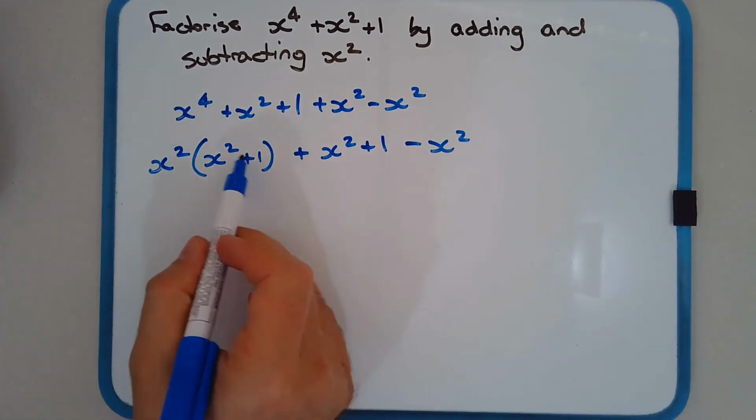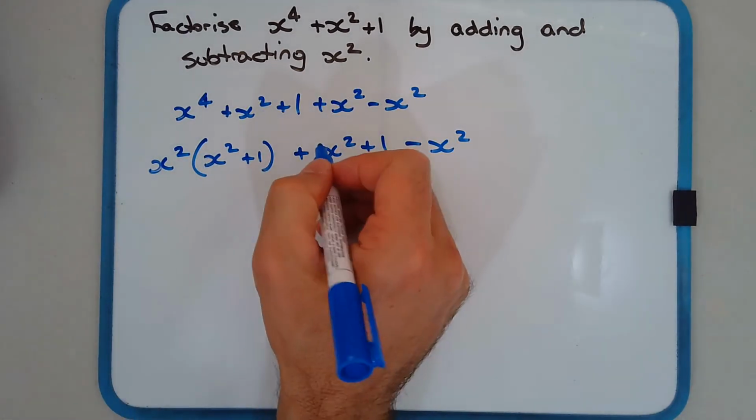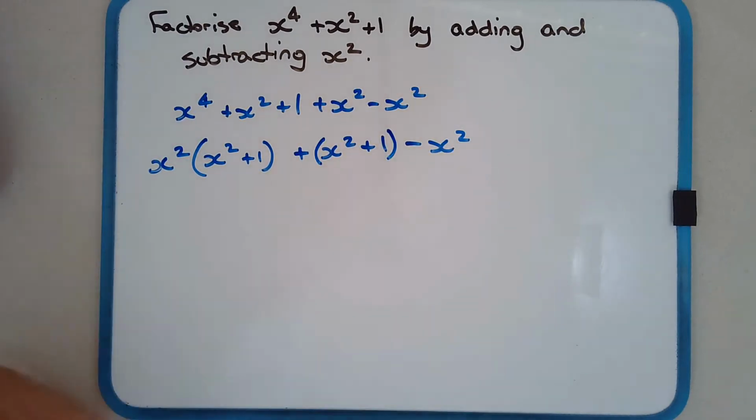Now, you notice that you have an x squared plus 1 here in brackets, and then you have another x squared plus 1, which we can put in brackets. That doesn't change anything. It's all added together. So adding brackets doesn't change the value either. It's not changing the order of operations in such a way that it changes the value.